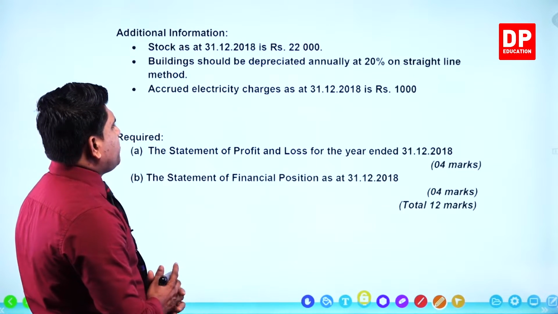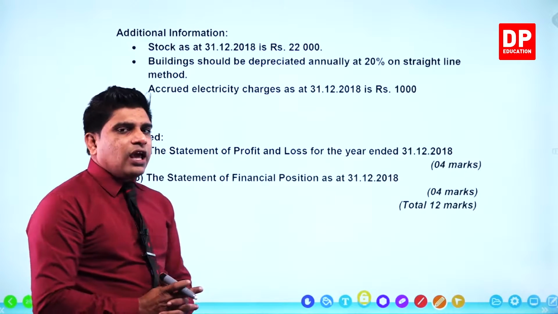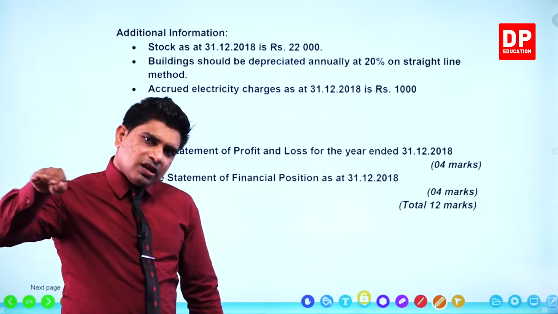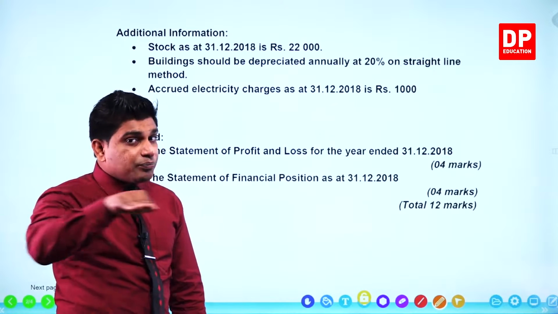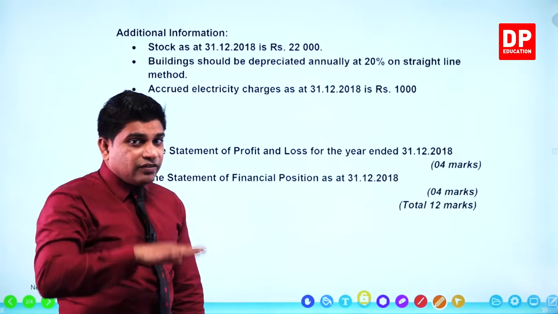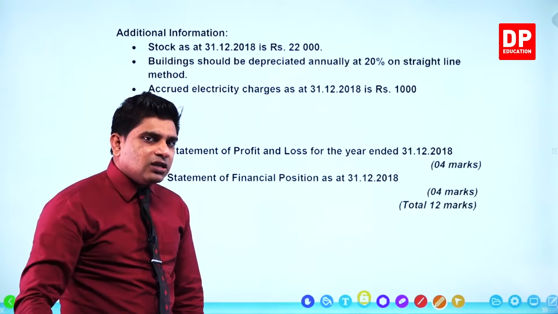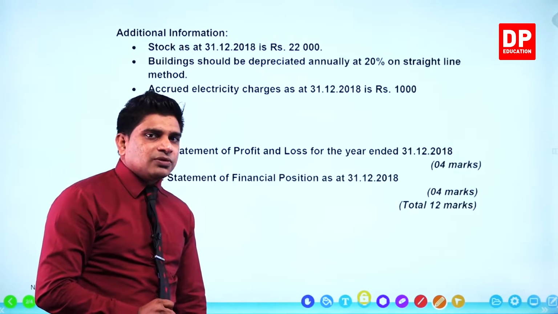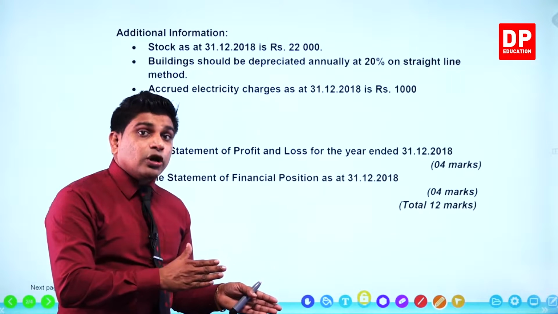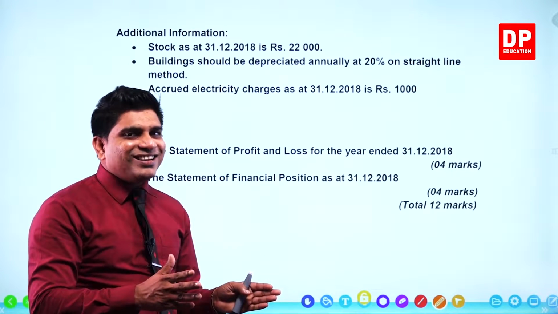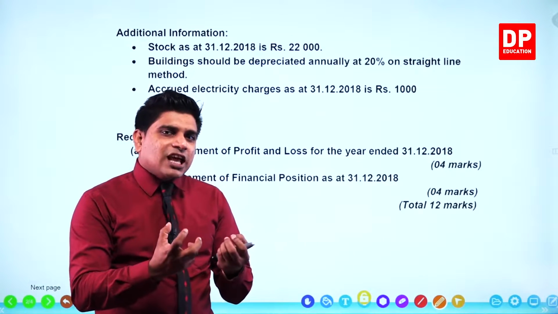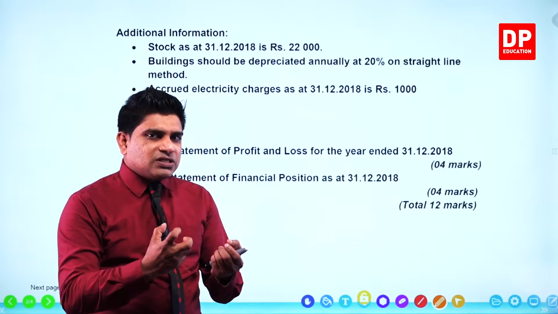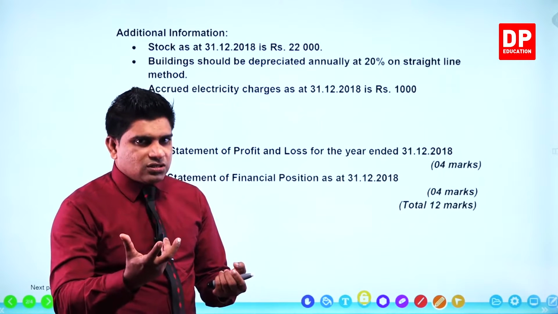Then buildings should be depreciated annually at 20% on the straight line method. Every year we give the same amount of depreciation for the relevant property. This method is called the straight line method. How do you calculate the depreciation? Every year you calculate the same percentage on cost.